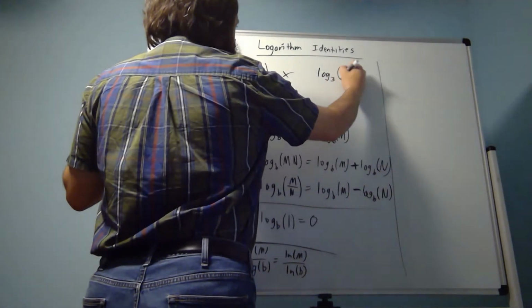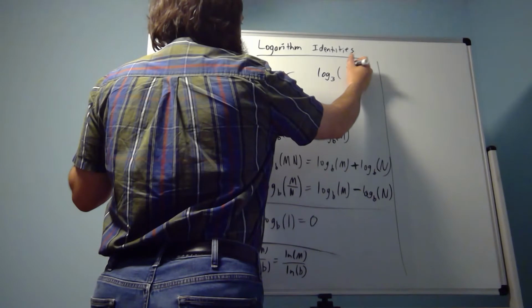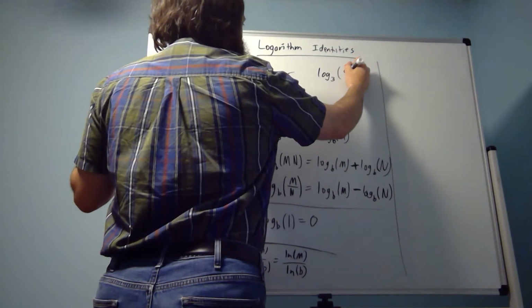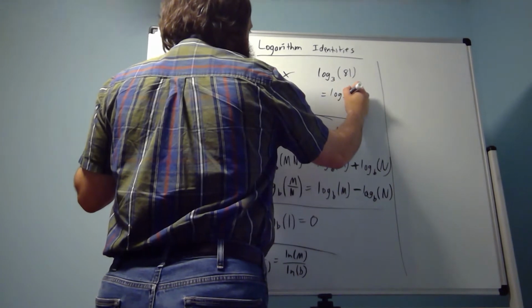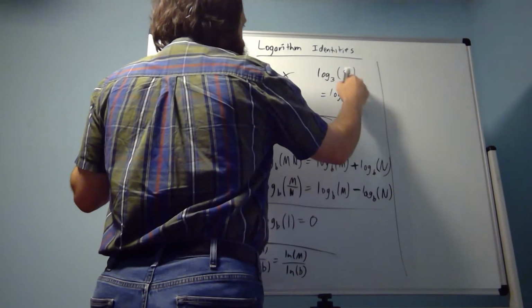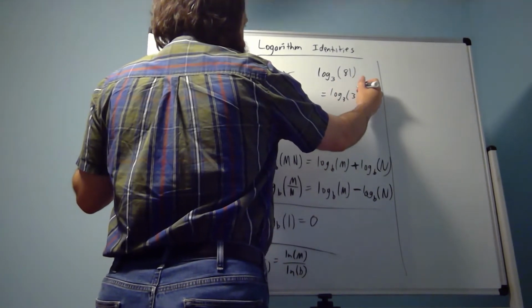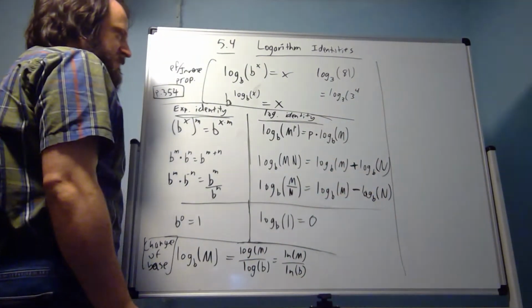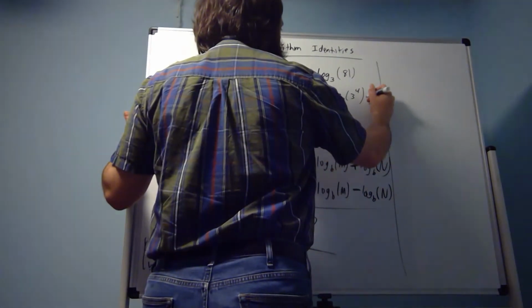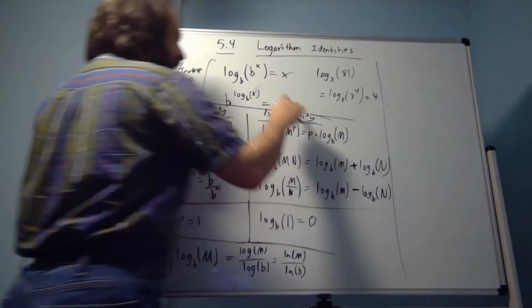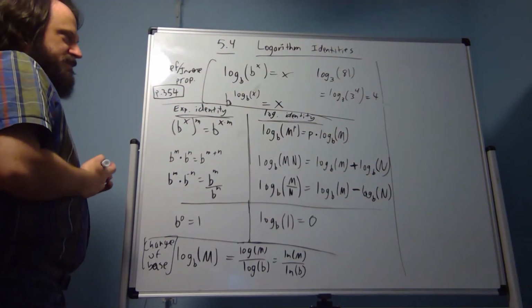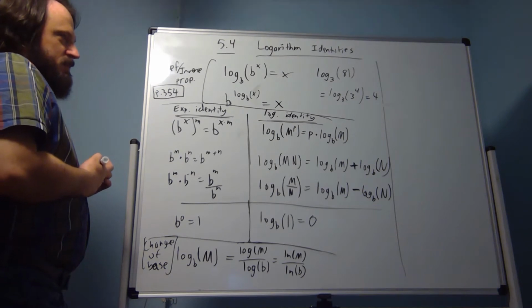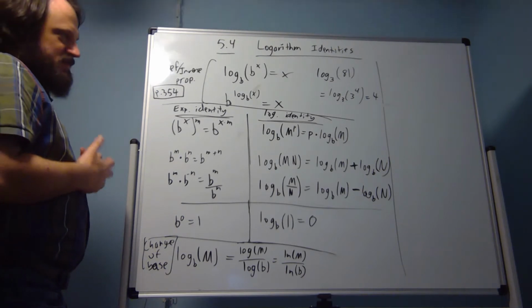So how do you understand logarithms? Well, log base 3 of 81, that's not quite perfect, but if I write this as, well, 3 times 3 is 9, and that's 9 times 9, so that's the inverse property. If I write log base 3 of 3 to the 4th, then the answer is 4.